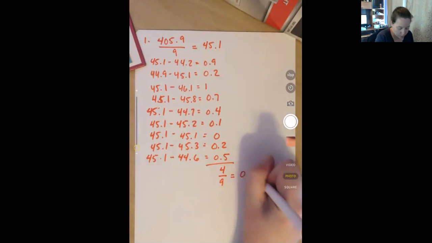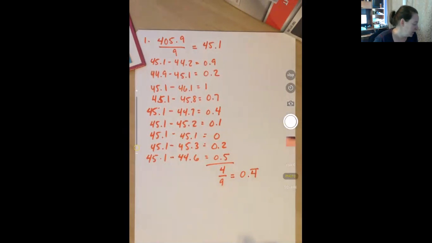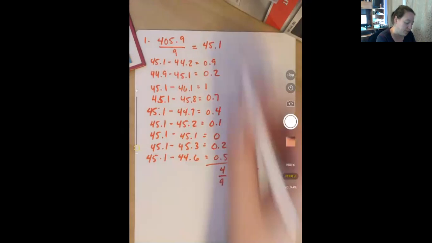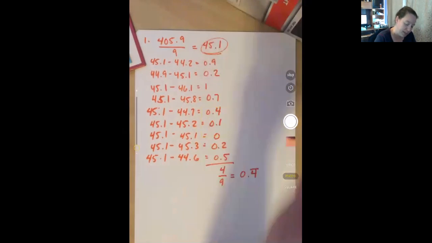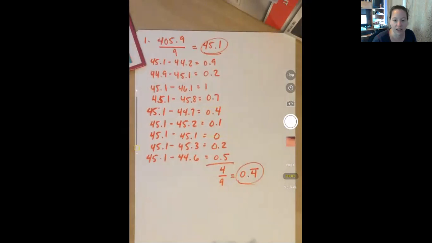Equals 0.4 repeating. He wanted a deviation of less than 0.5. 0.4 is less than 0.5, so yes. Okay, so that's A, the mean of the bus times, and B, the MAD for it.